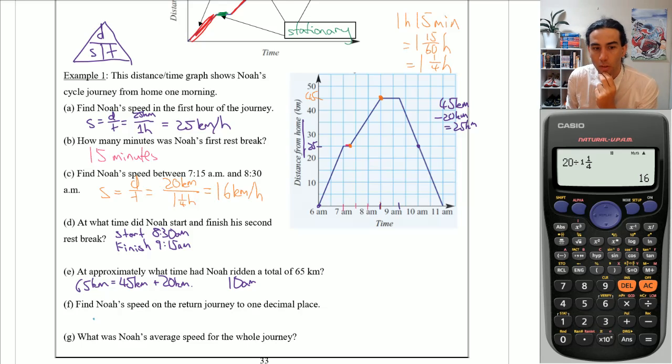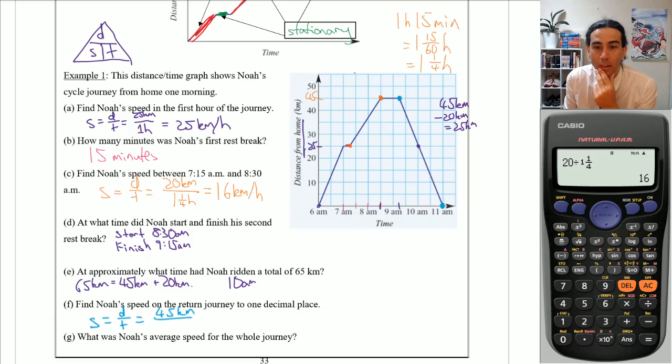Speed equals distance over time. Distance is the times down here. Sorry, first point there. Starting point, finishing point. Distance, top to bottom, did the whole 45 Ks. Time, how long did Noah take to do those 45 Ks?